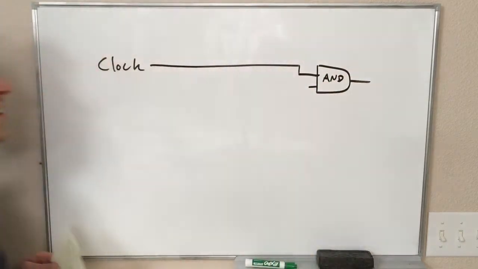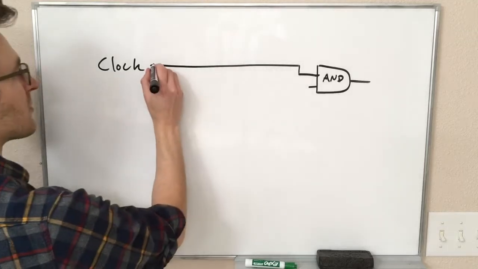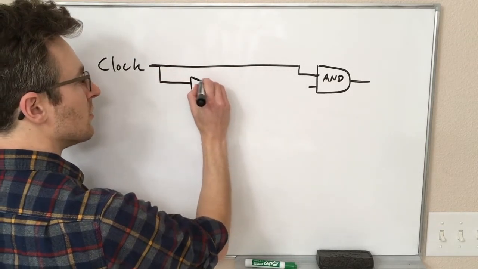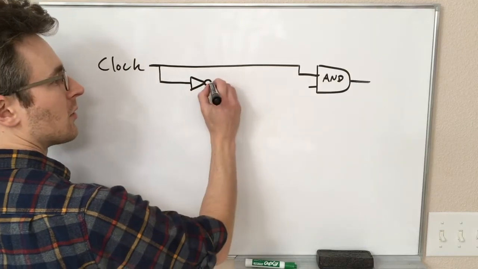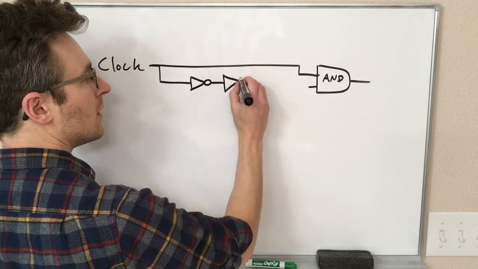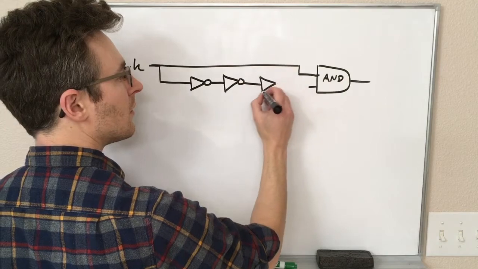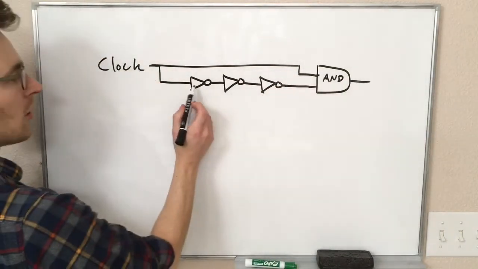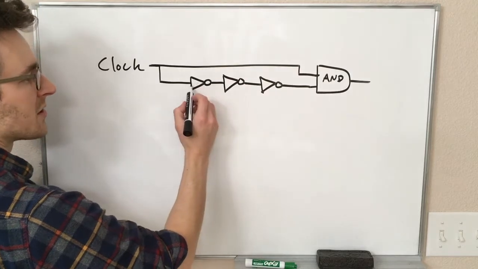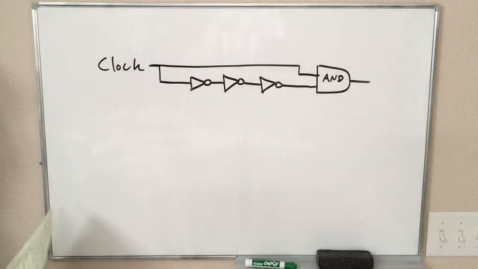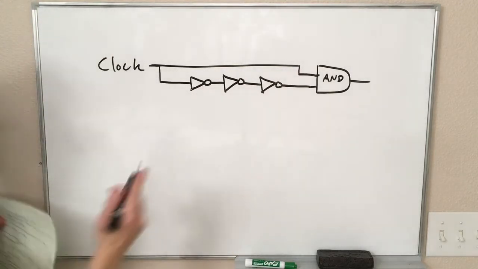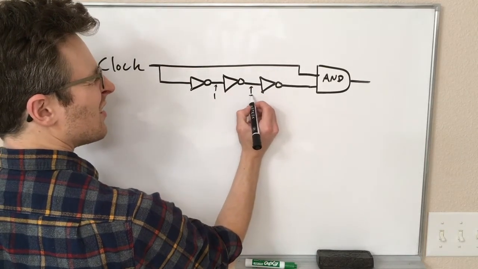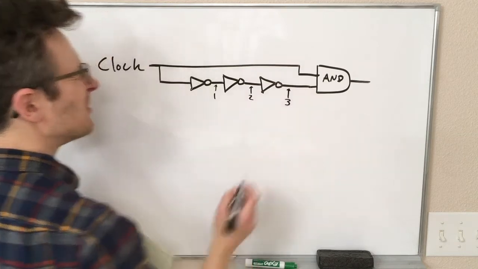The other input to the AND gate also comes from the clock, but before going to the AND gate, it goes through an inverter and another inverter and another inverter. So these are all our NOT gates, or our inverters. I'm just going to name these points so we can talk about them. This is 1, this is 2, and this is 3.